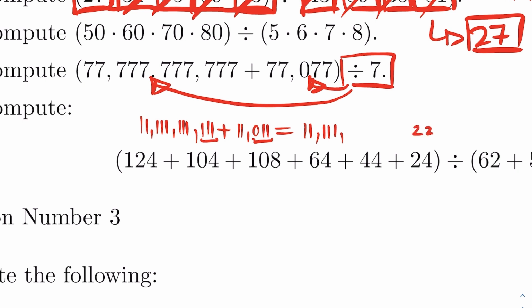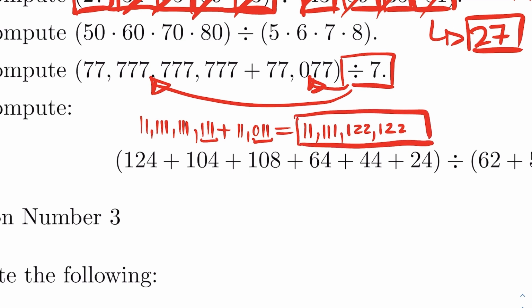That's going to be a 0, so that's going to stay our 1. Then this 1, 1 is going to create a 2, 2, 1. And then those are going to continue as 1. So this is going to be our final answer right here: 11,111,122,122.